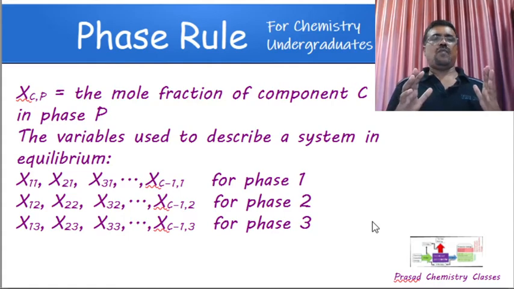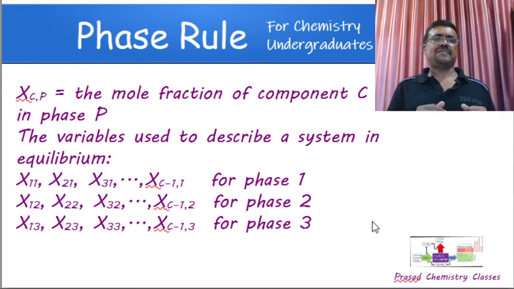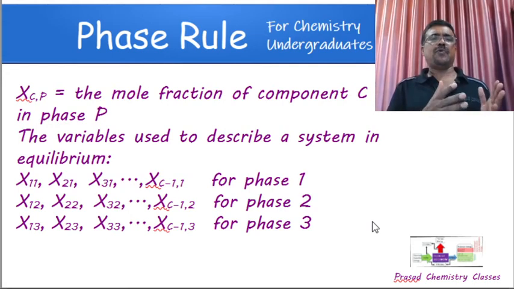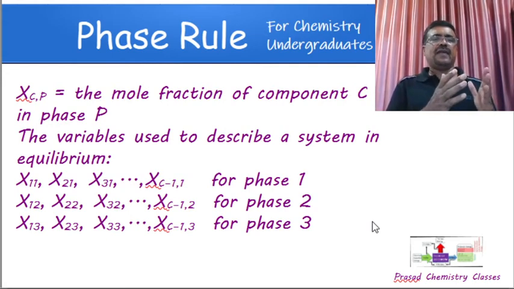Now we can come to the phase rule, how it can be obtained from principles of thermodynamics. Consider X as the mole fraction of any component C in a phase P, we put it as XCP. C stands for a particular component, and P stands for the phase in which it is present.